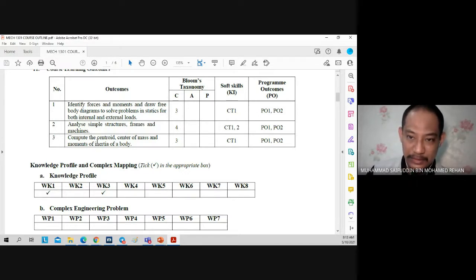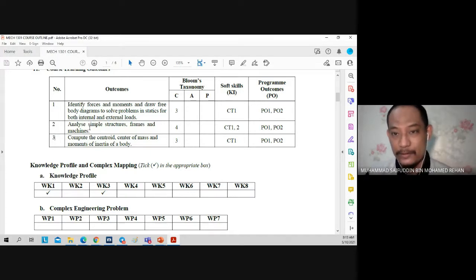Especially number 3, it's basically different, but number 2 is a continuation. You have to understand number 1 to be able to do number 2, basically, right? But if you understand number 1, it does not necessarily mean you can solve number 2. It's an extension, and it tends to be more complex.